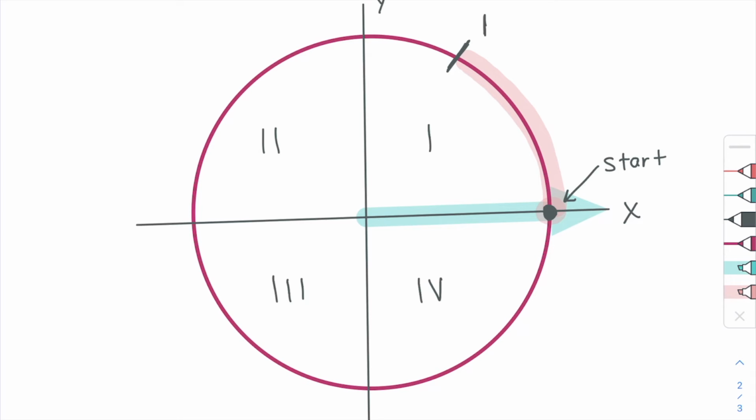Then you're going to take your string and do it all over again. But now you're going to start your string at the number 1 and see how far you can get it.